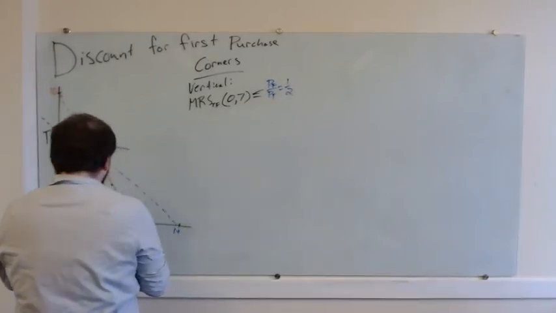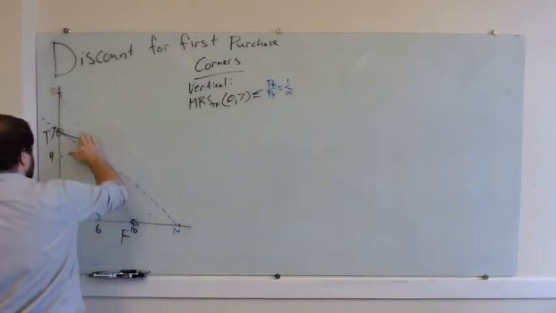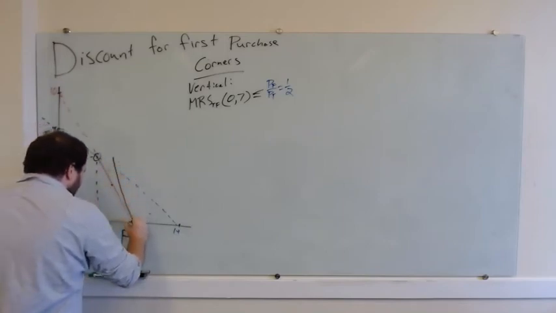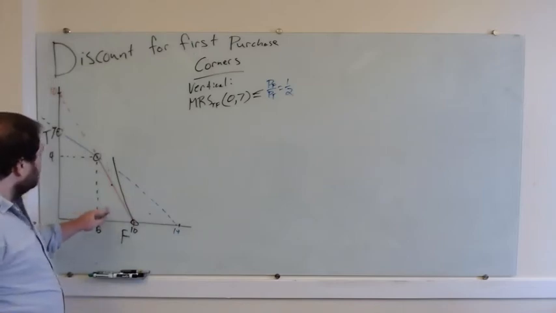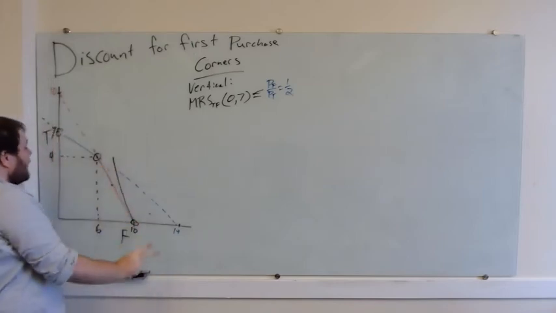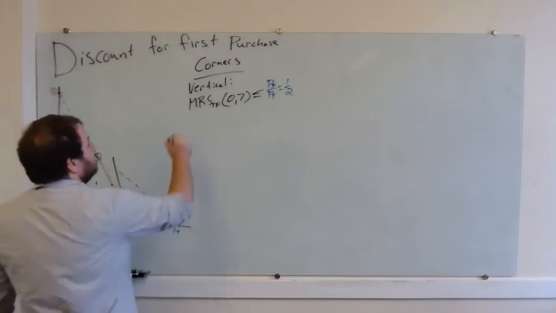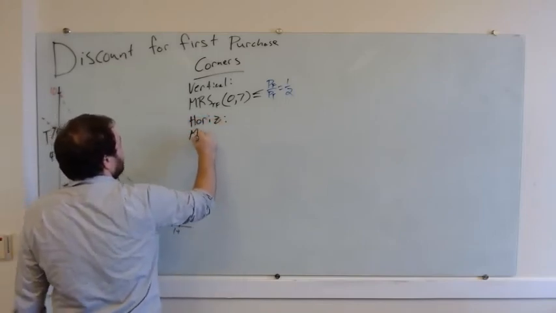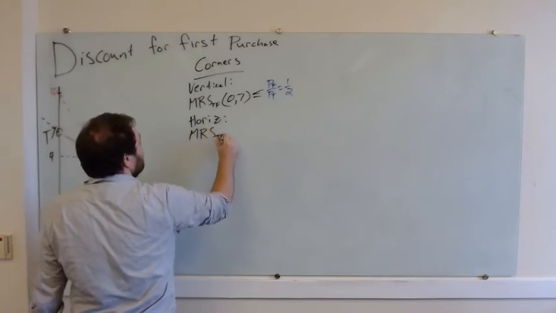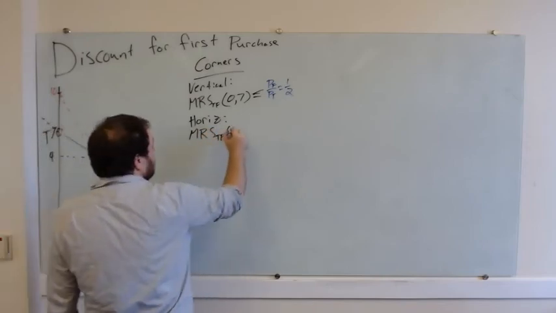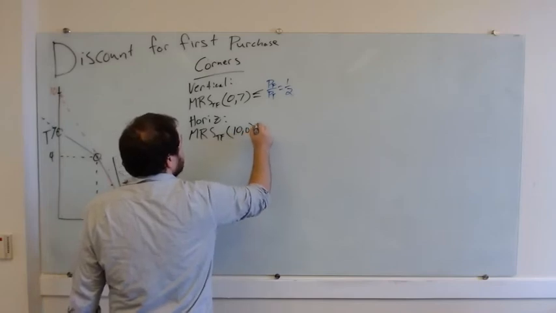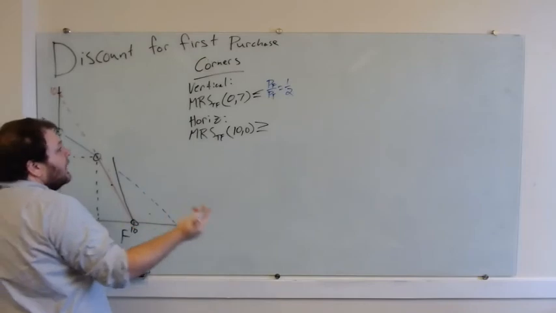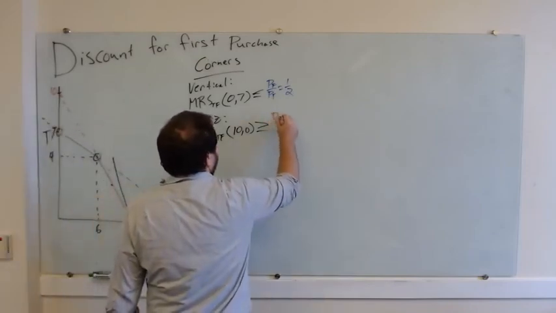And for a horizontal corner solution, we would have to have an indifference curve that again is entirely above our budget constraint except for at that corner, which means in this case it would have to be steeper, in order to dodge our budget constraint. So for our horizontal corner, our MRS, when calculated at our horizontal corner, 10, 0, has to be greater than or equal to the price ratio at the horizontal corner, i.e. the red price ratio.